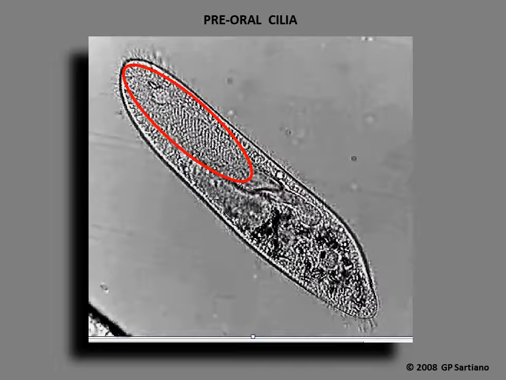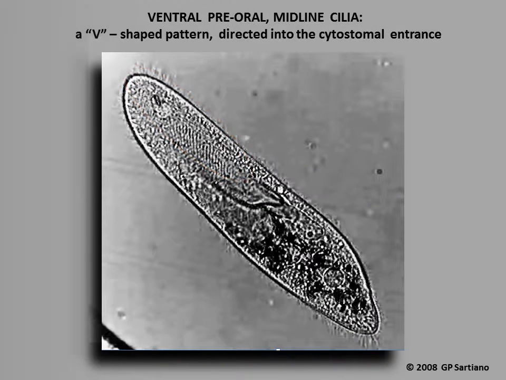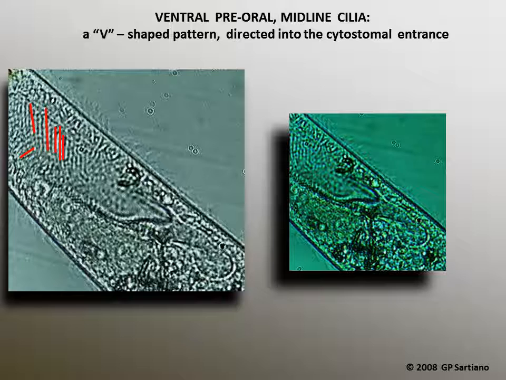Note also that in a cross-hatched fashion, two files of cilia running down the middle of the oral groove face into each other in a V-like fashion, pointing posteriorly and directing fluid and particles along a midline path to the cytopharynx.